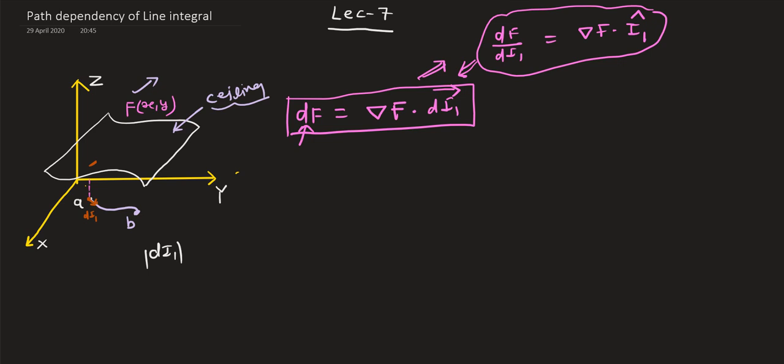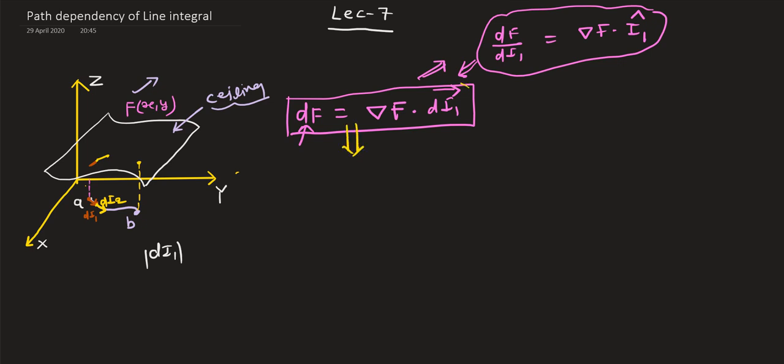Then from this point we move a little further, given by dl2, and we find some increment in the height. Proceeding in this manner with infinitesimal steps, we make the journey to point B, and at point B the height would be simply this.